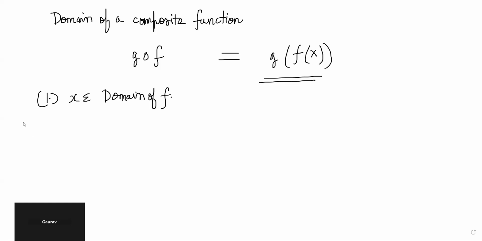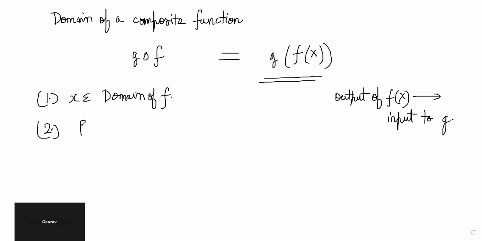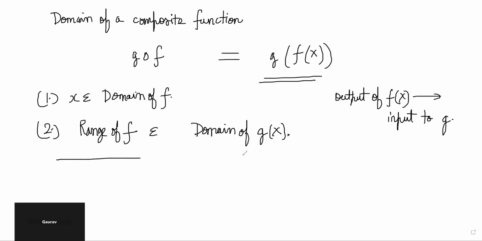But that is not enough because the output of f is being given as input to g, right? So what you should have is the range of the f function should belong to the domain of g. Do you understand what I'm saying? Unless both the conditions are true, the function will not be defined.